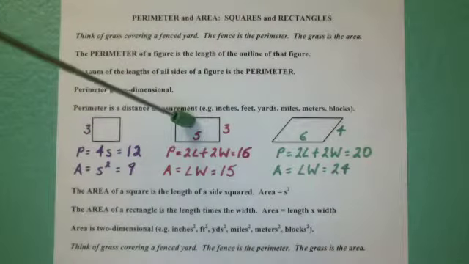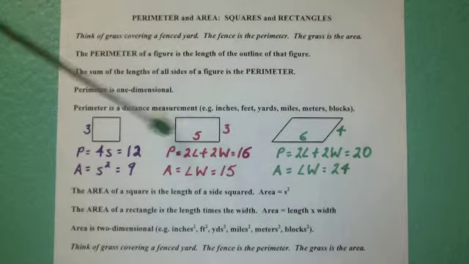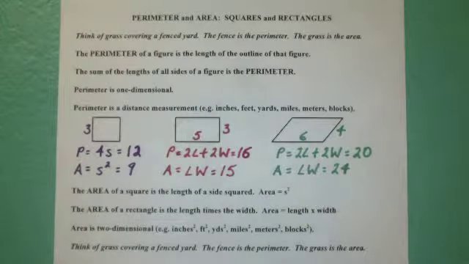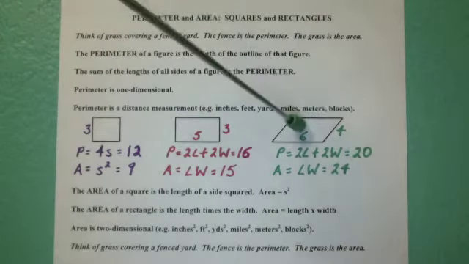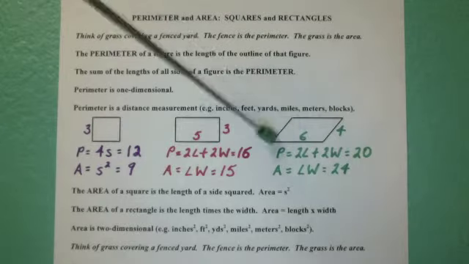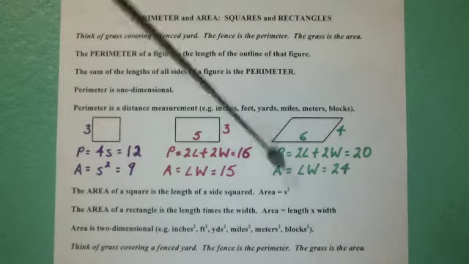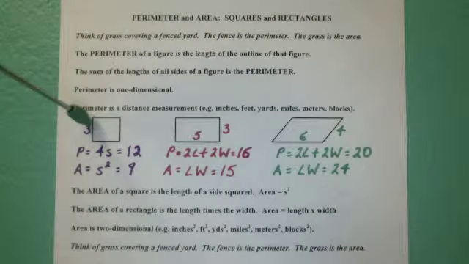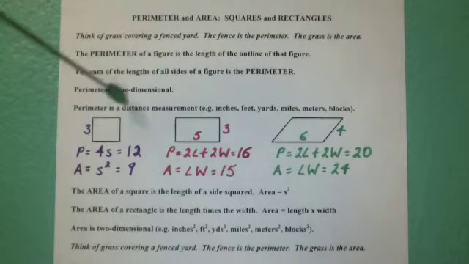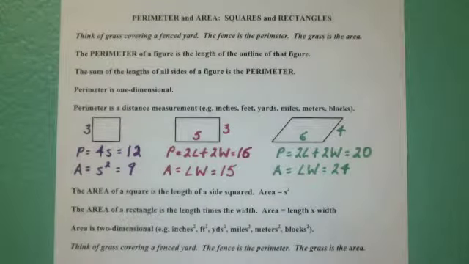A square is a rectangle that has all sides of equal length. A square is a parallelogram with 90-degree interior angles and all sides of equal length. I can use this same equation for the square. It just so happens that the length and the width are the exact same numbers.